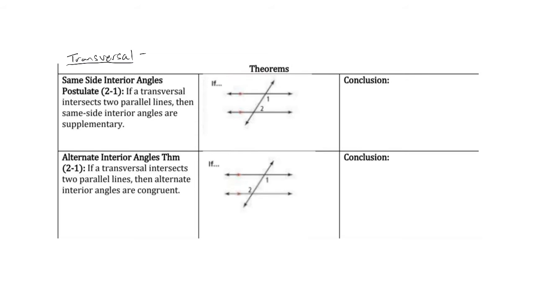What is a transversal? A transversal is a line that cuts or passes through two other lines at distinct points.